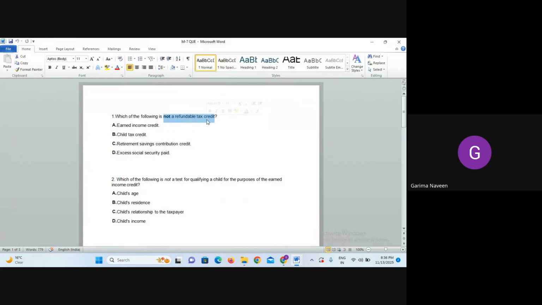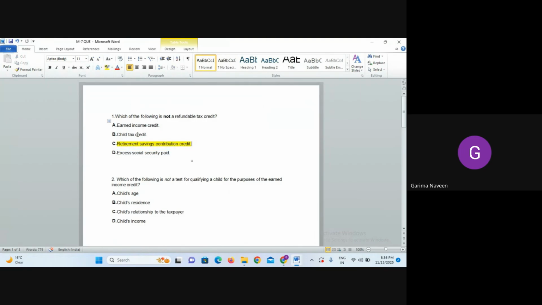Earned income credit, child tax credit, retirement saving contribution credit, excess social security credit. Ma'am, C option. Yes, correct. So option C, retirement saving contribution credit, is the non-refundable credit.